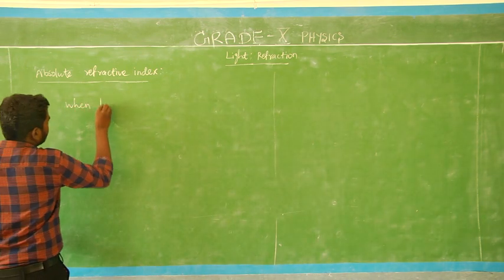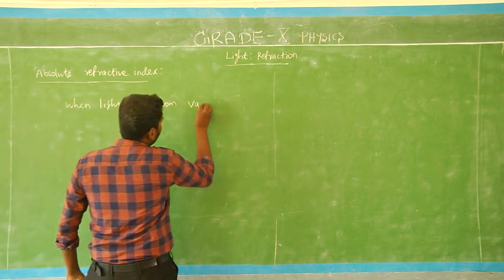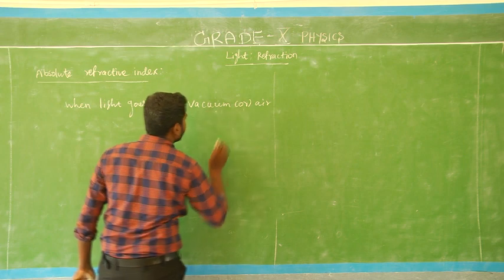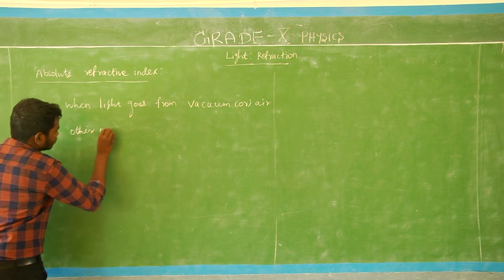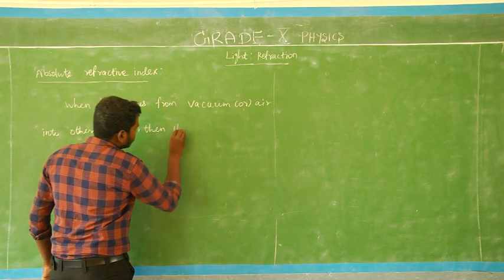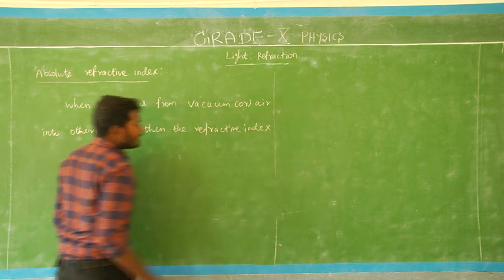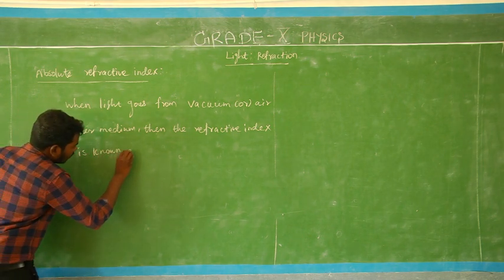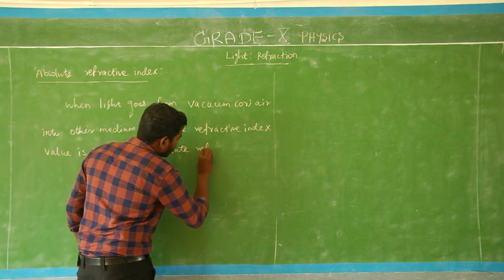So when light goes from vacuum or air into another medium, then the refractive index value is known as absolute refractive index.